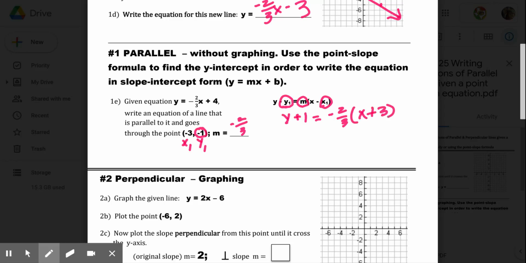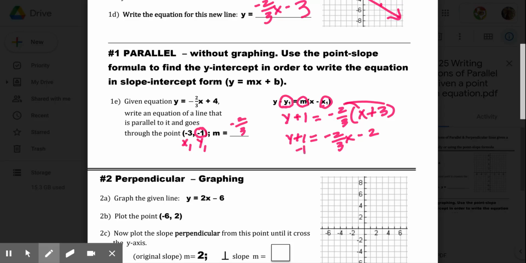All right. So we're going to bring down our y plus 1 equals, and we're going to do hippity-hoppity, distributive property. So -2/3 times x is -2/3 x. And then -2/3 times 3, you can go -2 times 3 is -6 divided by 3 gives us a -2.